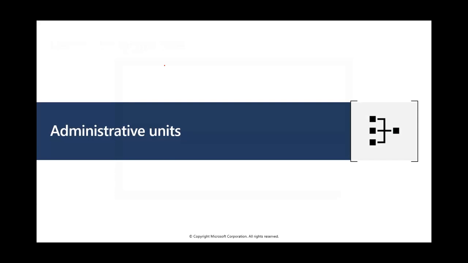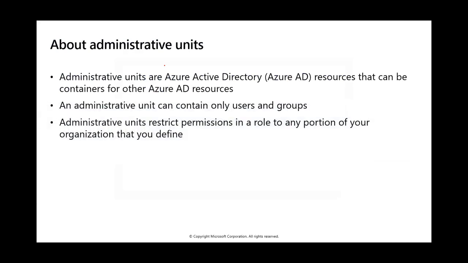And we also have the administrative units. What are the administrative units actually? It's when we have different branches, different areas, different departments, and we want to divide those and have a group within those groups. It's like nesting a group.